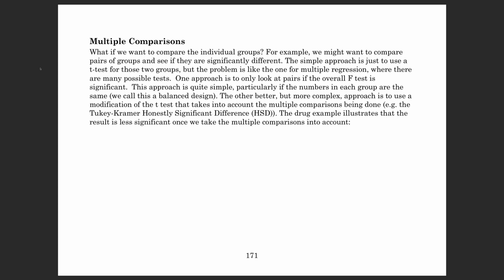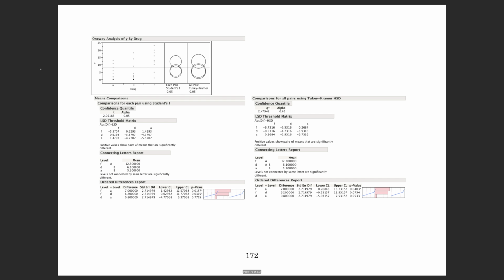So let's have a look at our drug example if we look at the Tukey-Kramer honestly significant difference. So what we're comparing here is both ways of looking at the data. At the top, you've got a graphical representation. It's not too easy to see what's going on there, but if we look below, it gives us a nice summary.